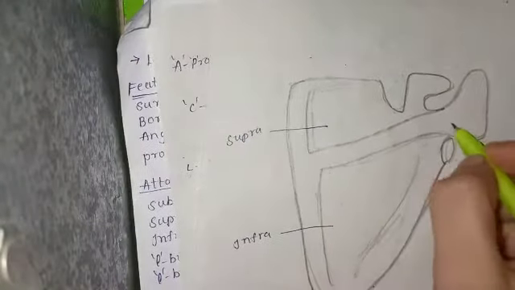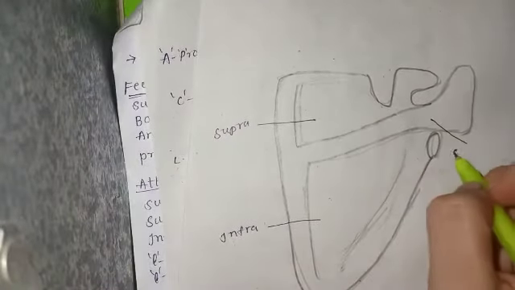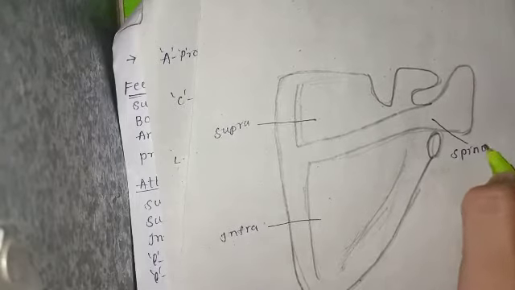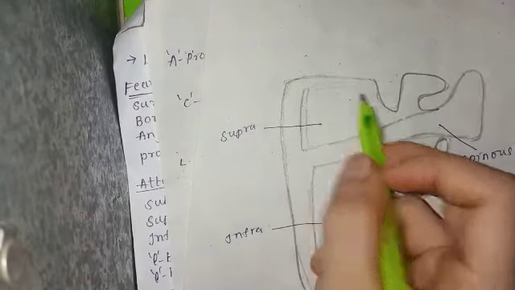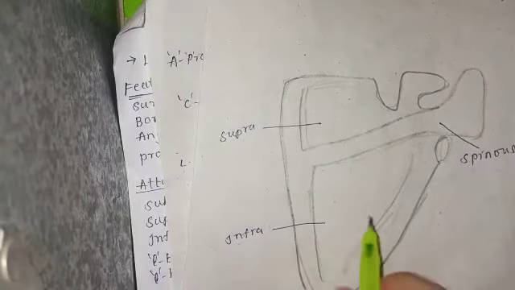This is the dorsal surface. Now we can see the spinous process in the dorsal surface of the scapula. It divides the dorsal surface into supraspinatus fossa and infraspinatus fossa.